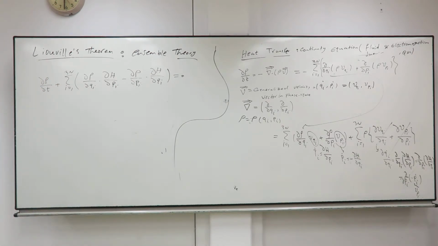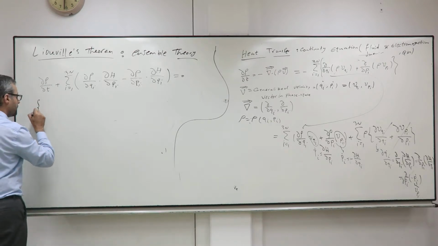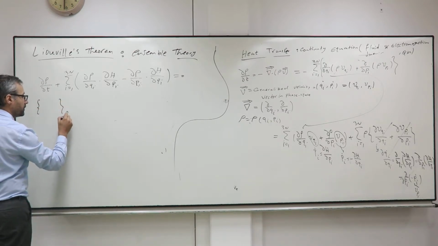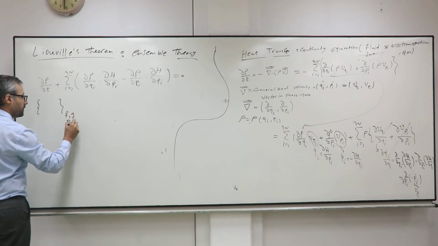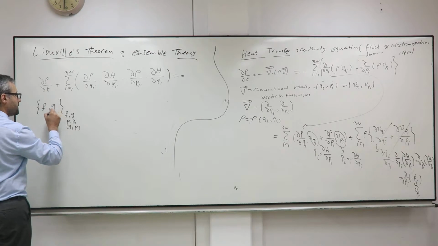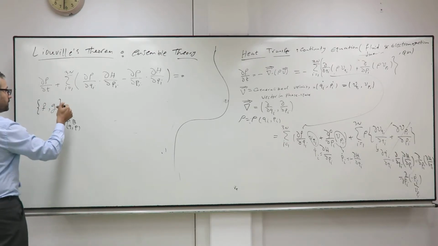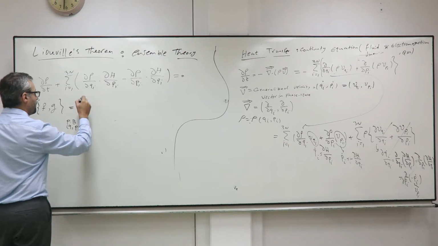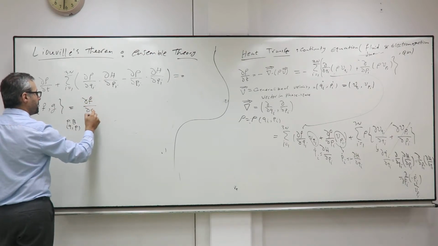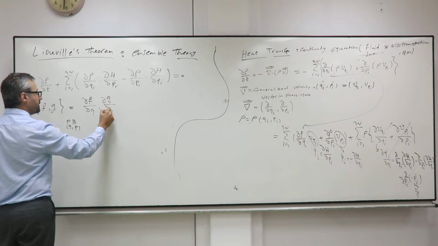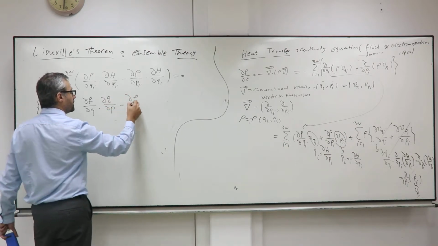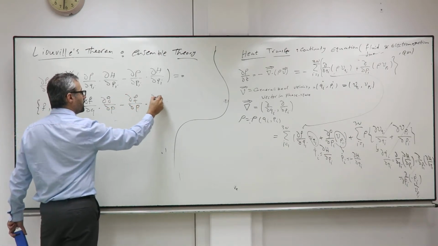It's very convenient to define something called a Poisson bracket of two functions f and g with respect to q and p. The Poisson bracket of f and g with respect to the coordinates q and p is the partial derivative of f with respect to q times g with respect to p, minus f with respect to p times g with respect to q.